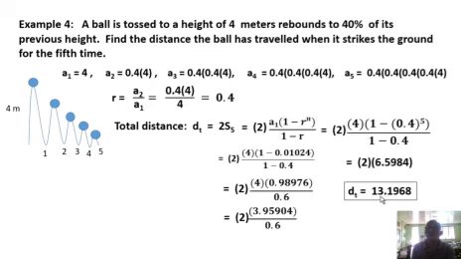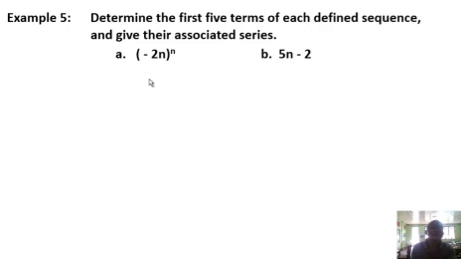Next problem, determine the first 5 terms of each defined sequence and give their associated series. Okay, letter A, negative 2n raised to the n. Okay, the first 5 terms, a sub 1 up to a sub 5. And its corresponding series is the sum of the terms. So what is a sub 1?